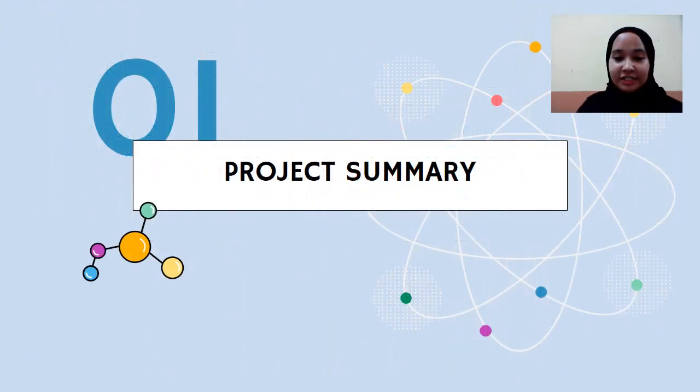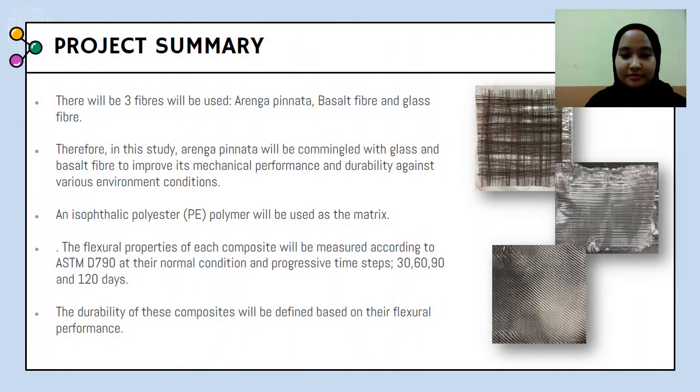For my presentation, I will start with my project summary. In this project, three fibers will be used, which are Arenga pinnata, basalt fiber and glass fiber. The Arenga pinnata will be commingled with glass and basalt fiber to improve its mechanical performance and durability against various environmental conditions.